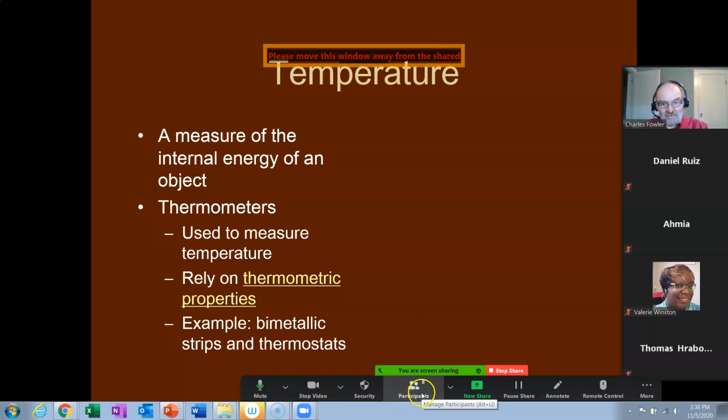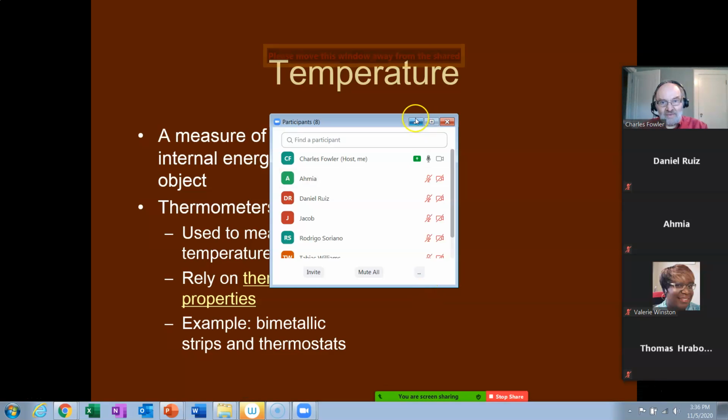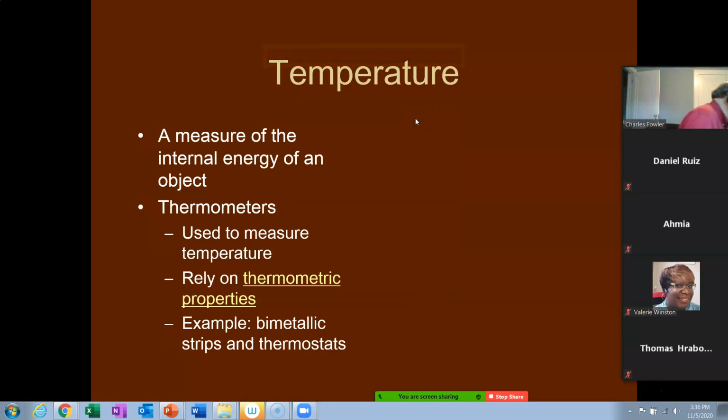So let me make sure nobody else is waiting. Nope, we've got 7 students now, and I think that's how many I've got on the roll book. 1, 2, 3, 4, 5, 6, 7. Got it. Poor old Thomas up there is holding up the whole top part of the alphabet by himself. The middle part is doing pretty well. Bottom part's all right, but the top part's pretty sparse right now.